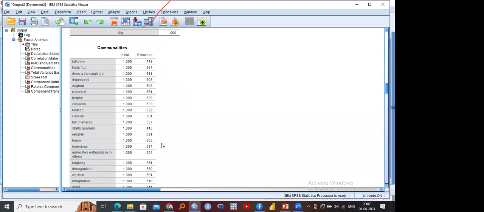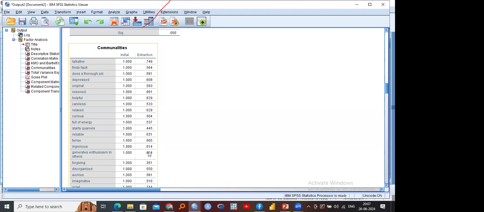Because of that, at times there are many variables which have extraction less than 0.5. It is of no use if you continue with those variables in the analysis. So if you are getting many variables which have extraction less than 0.5, you can remove those variables and rerun your factor analysis. It will help you in increasing the KMO measure. Okay, I hope this is clear to all of you.